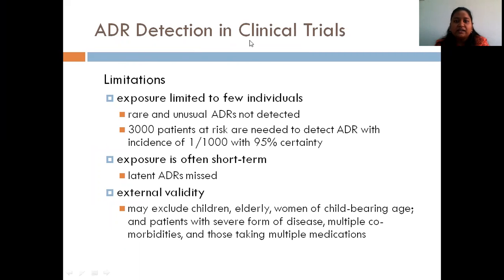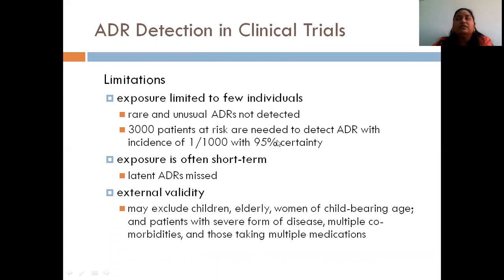So the ADR detection in clinical trials has some limitations. You cannot detect all the ADRs during the clinical trials because of the size of the population. During the clinical trials, the drug goes through different phases, but the human volunteers or healthy volunteers used in the clinical trials are very few, around 1,000 to 3,000 patients.